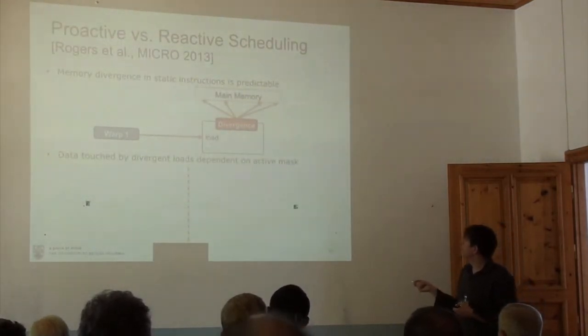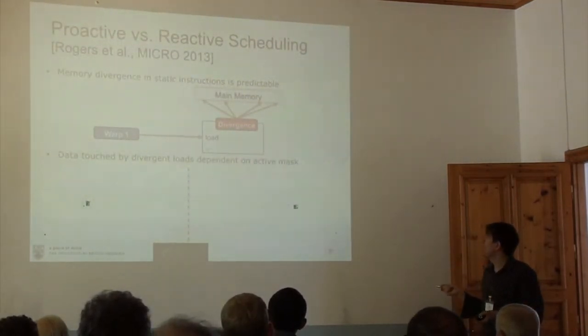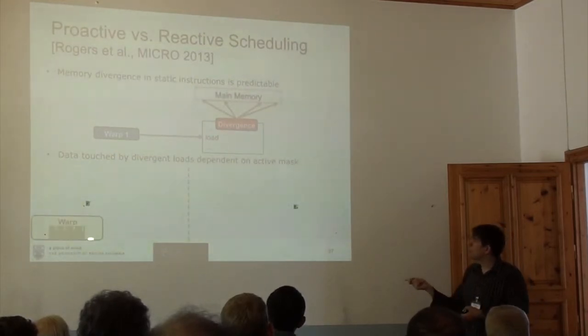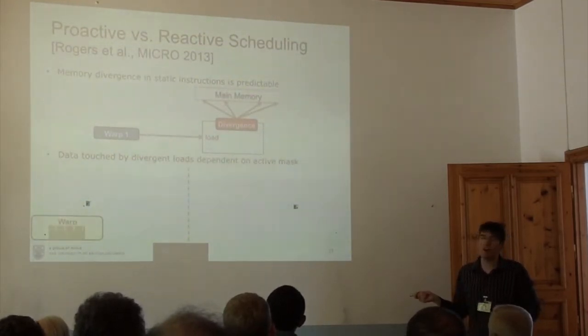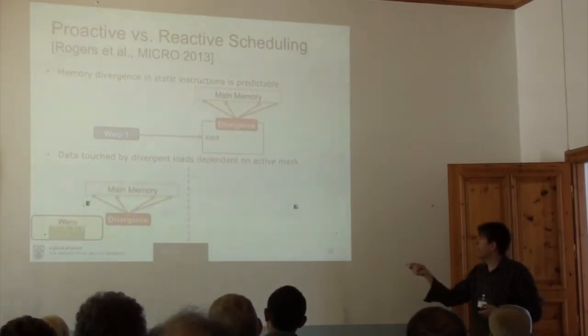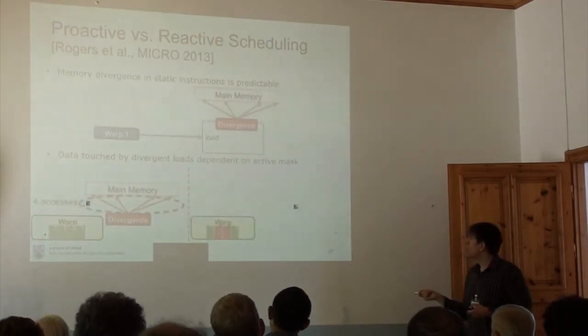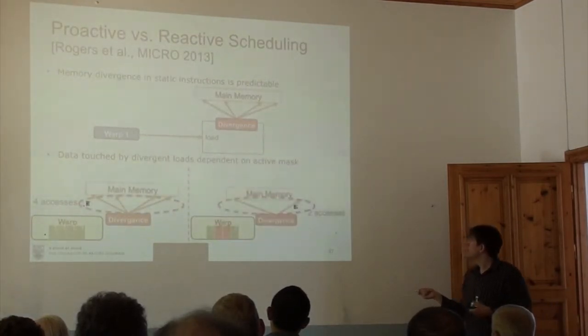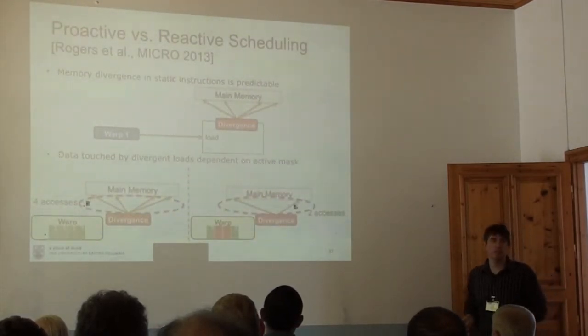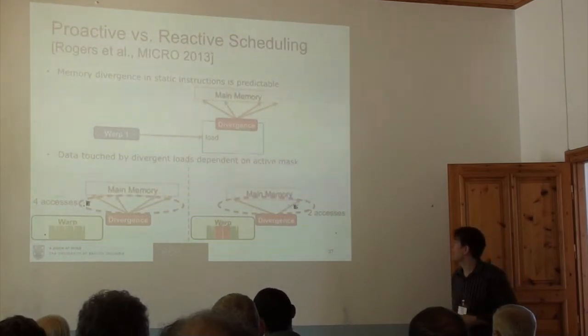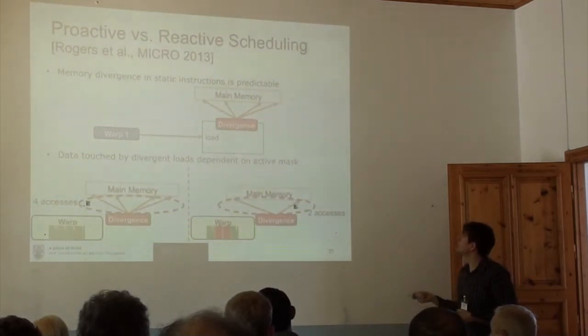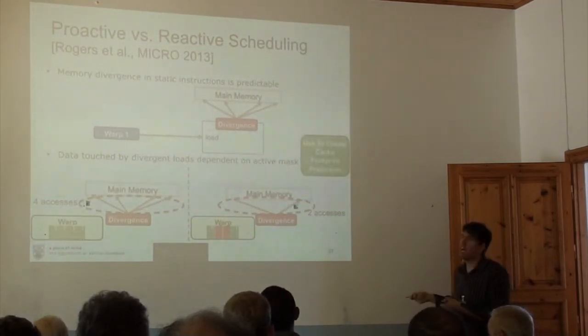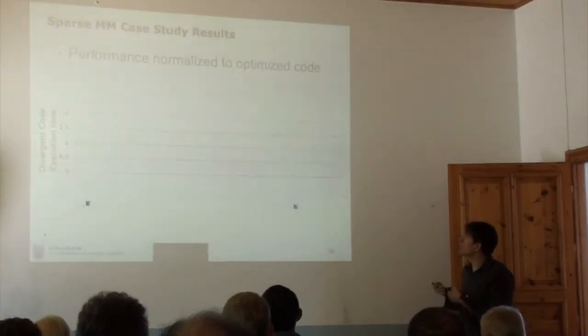Also, the data touched by divergent loads is dependent on the active mask. So if I have a warp where all 4 threads are active, it'll access 4 things, and if I then mask off 2 of them, then most likely I'll only access 2 things. It's sort of proportional to how many threads are active. So combining these things, we can actually predict the cache footprint instead of reacting to when we overflow the cache footprint.